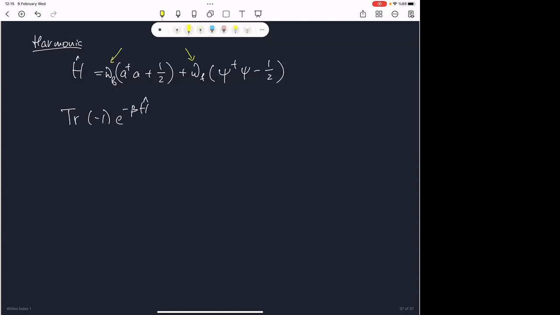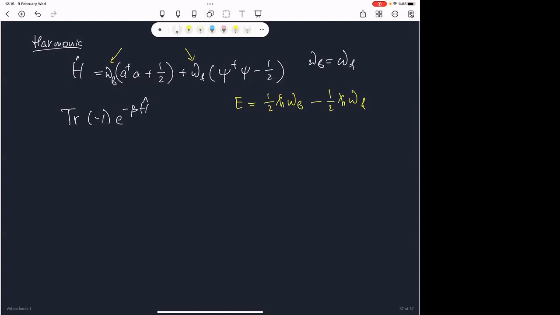If you compute the energy level for this, what you will get is 1/2 h omega b minus 1/2 h omega f. So in order to cancel these terms, you need omega b equal to omega f. So the frequencies should be the same.